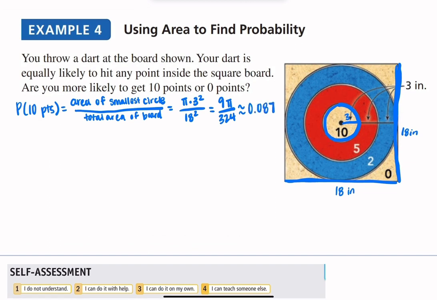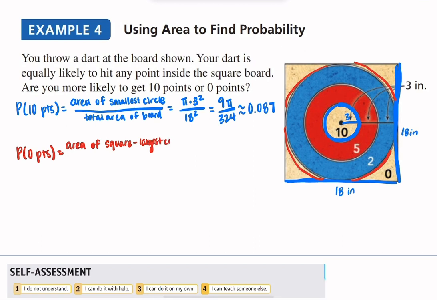Okay. Probability of getting 0 points is going to be your part outside the circle. So we're going to find the area of the square minus the largest circle, and then again over the total area of the board. So I know my bottom is 324. Don't have to do that again. Area of square, again, that's 324.